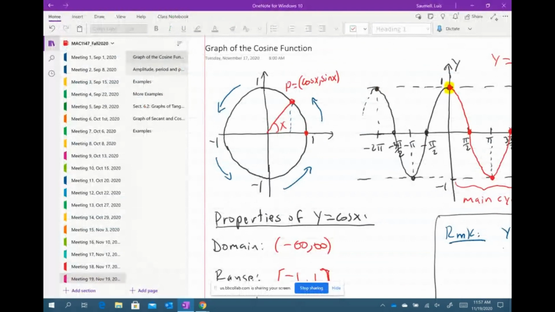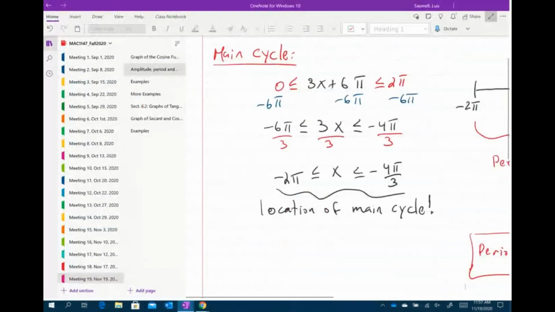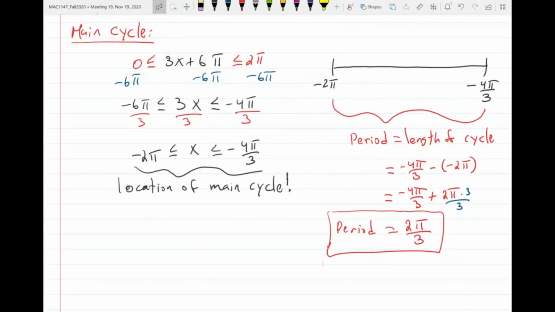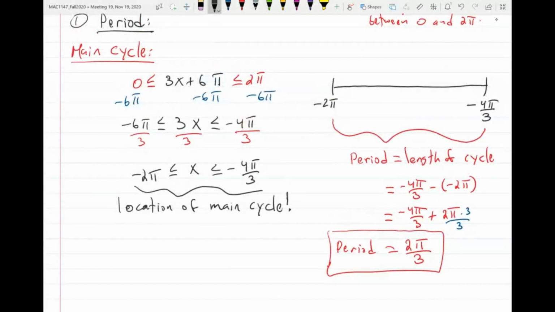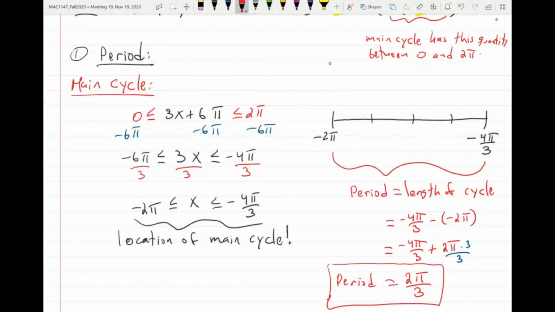So what do we do here? We have our main cycle. Now our job is to split this into 4 equal pieces. So we do half here and then half again. And then these 3 more points that we find are the location of the 3 missing main points, because we already know that the first point is going to be somewhere here above negative 2 pi, and the last point is going to be somewhere here above negative 4 pi over 3, or maybe below, because remember that we are flipping.